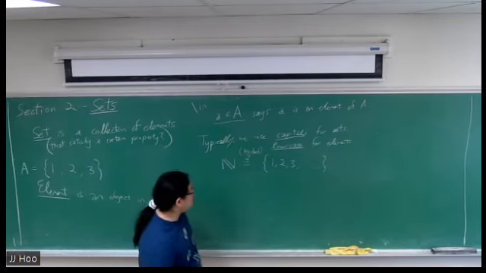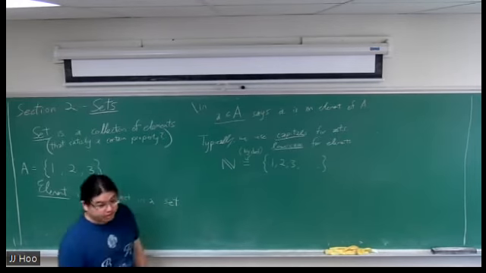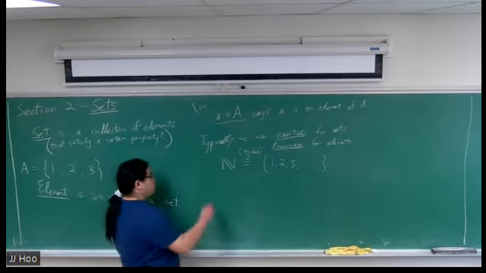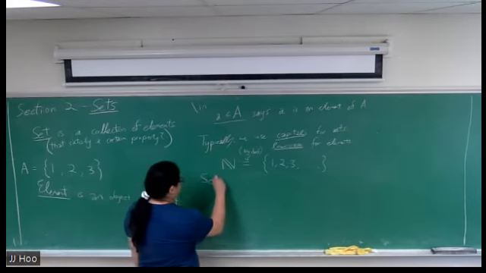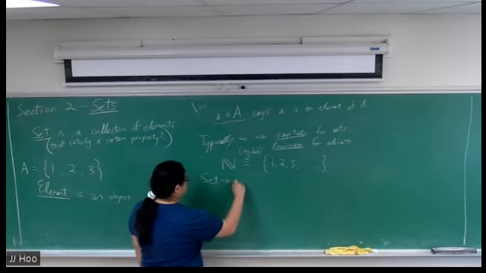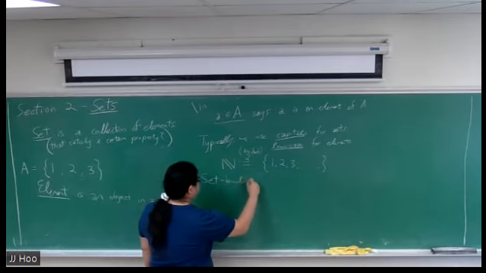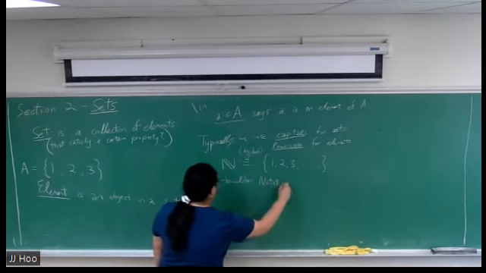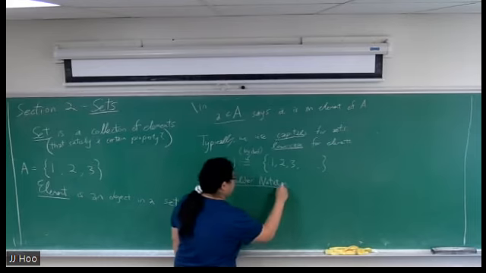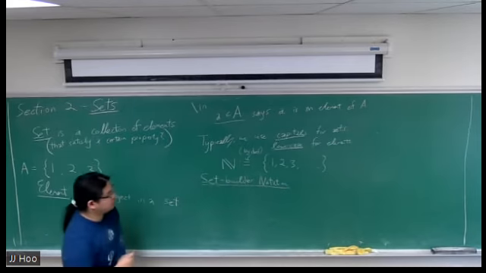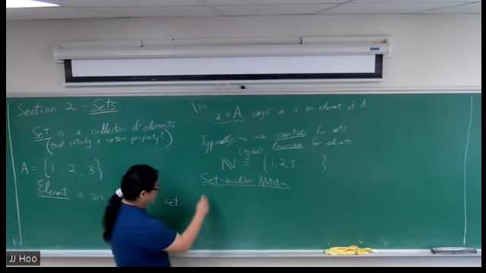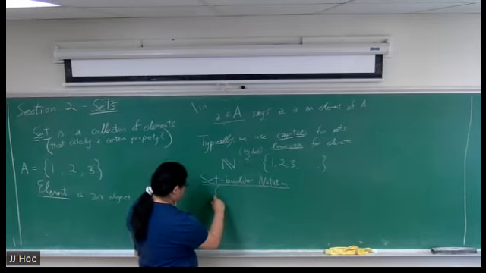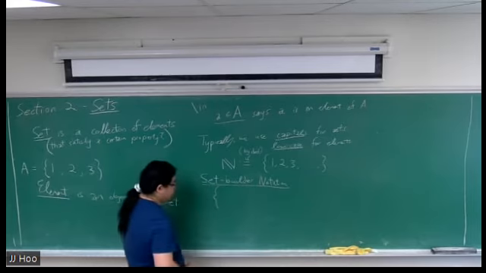But maybe we can find a different way to define it, right? So this is where we want to introduce what's called set builder notation. We're going to define a set almost kind of recursively, right?